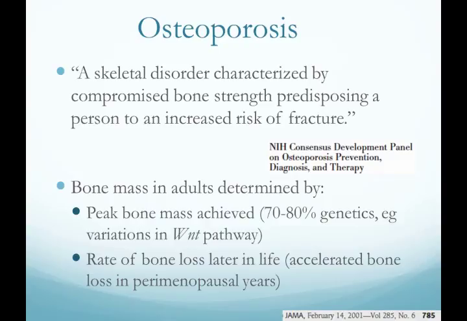By the time you're in your late 20s, that's it. You're not going to acquire any more bone. And 70 to 80% of it is determined by genetic factors. This is why osteoporosis runs in families, and you always ask for a family history from your patients. Because if your parents had low bone mass, you're probably going to end up having low bone mass.